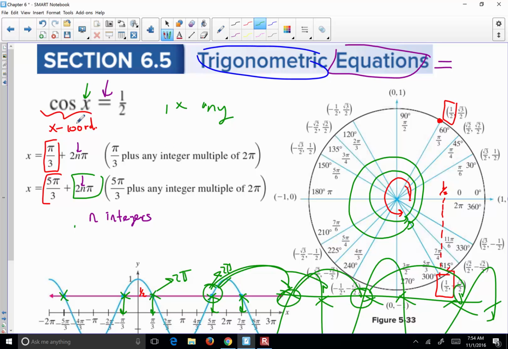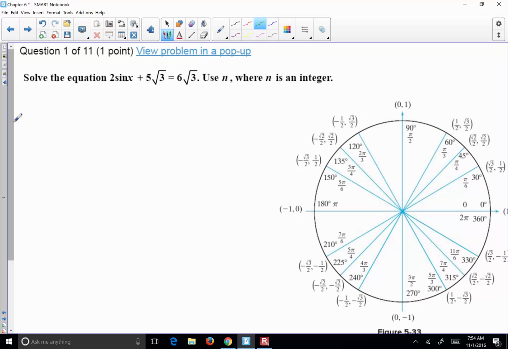We are using our past trick identities and basic algebraic methods to find angles making specific equations correct, true. Okay, here is our first question. I put down this wheel everywhere so you can refer to it for specific values of trig functions.